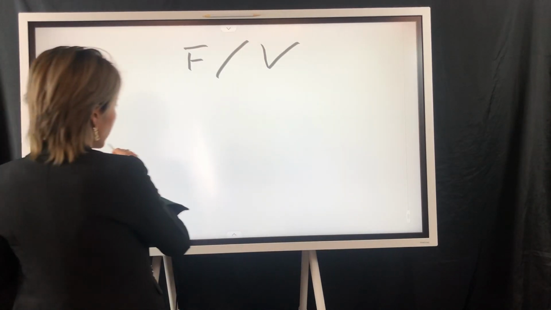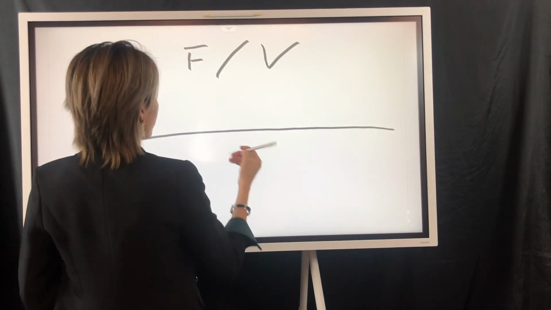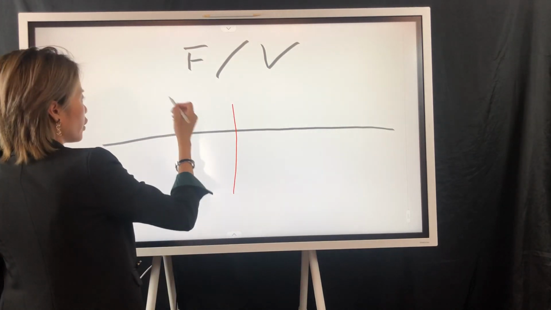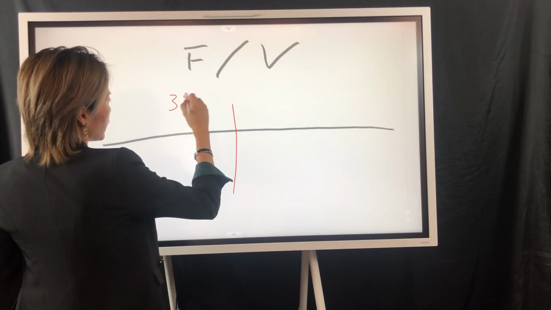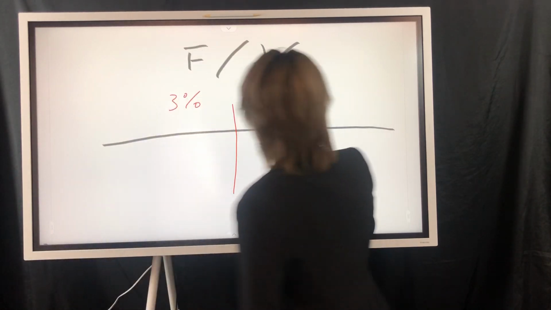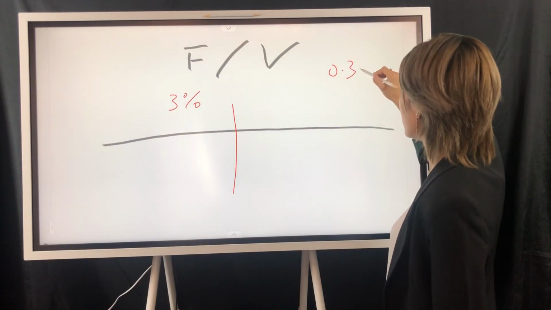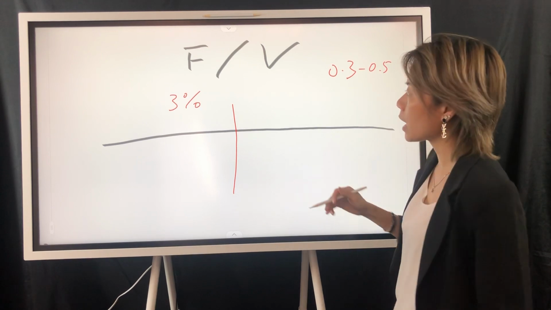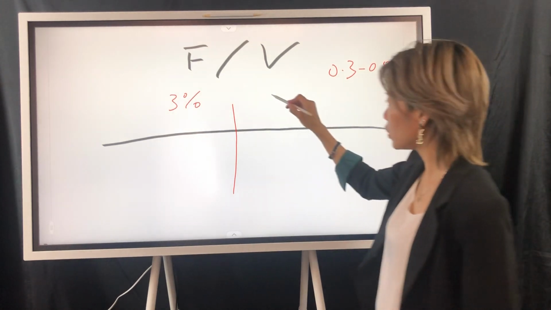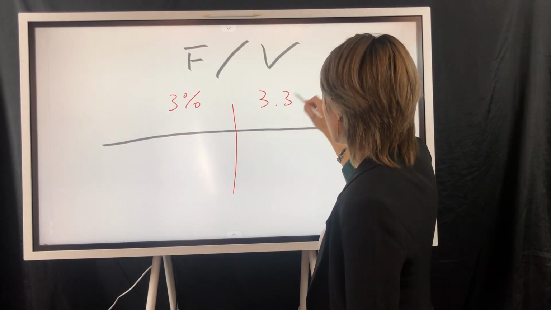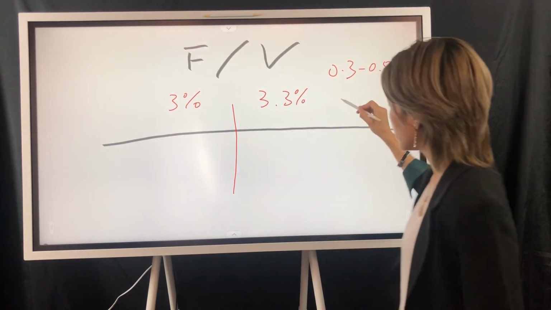First of all, let's say fixed term is 3%. Variable, most of them is like 0.3 to 0.5% higher than fixed term loan. We use 0.3, let's say 3.3%. It has an offset account.